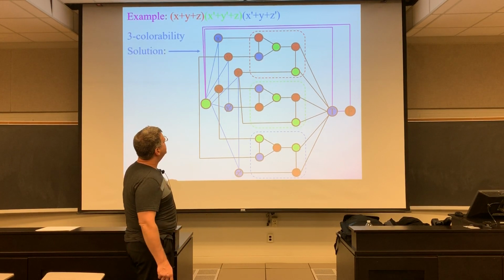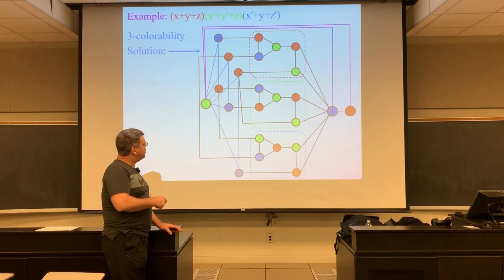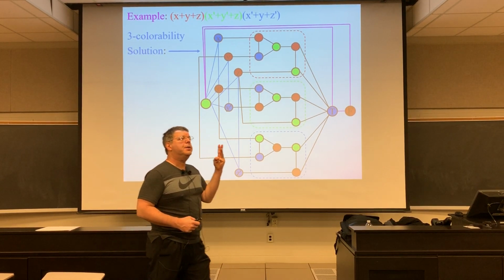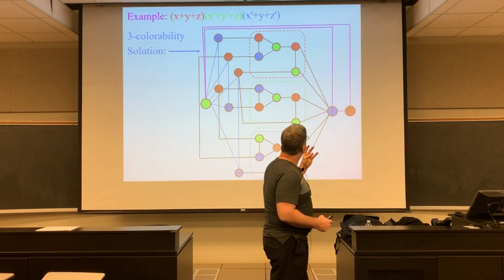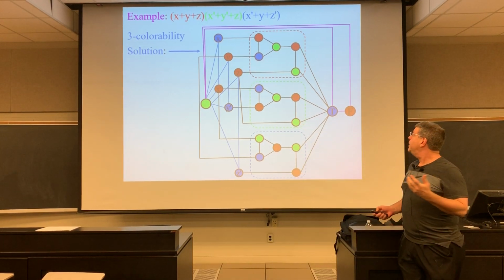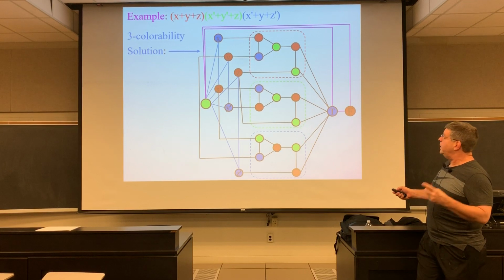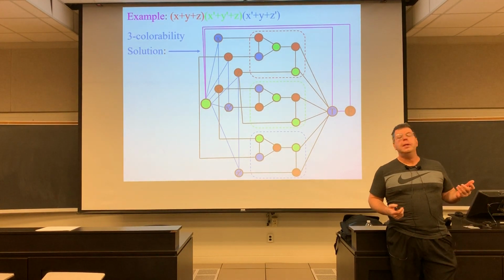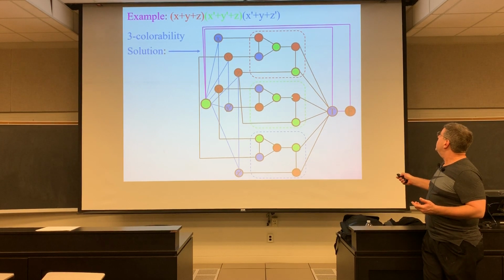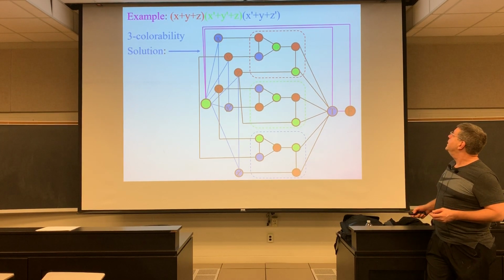So let's say there's a three colorability solution in this graph. And let's say this is the solution. This is a three colorability of this graph. Why? Because I only use three colors, blue and red and green. There's no fourth color here if you look at all the nodes. And if you look carefully, no two nodes that share an edge have the same color. Right? So if this is green, that's not green. And if this is blue, that's not blue, and that's not blue either.